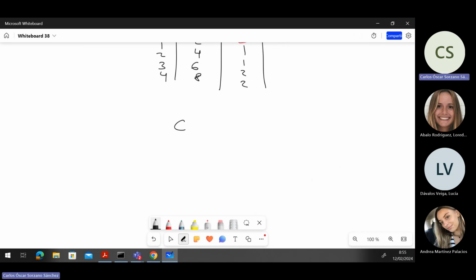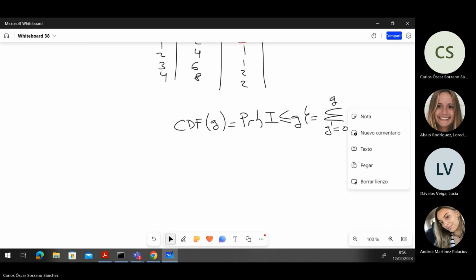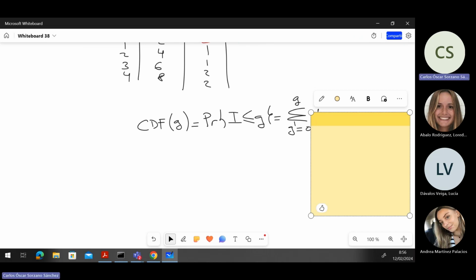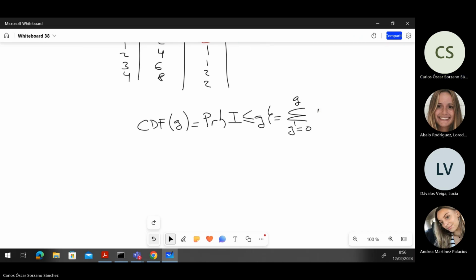The CDF at value G is the probability of the image taking a value that is smaller or equal to G. This is the sum of the PDF.